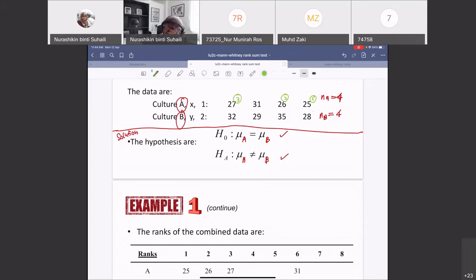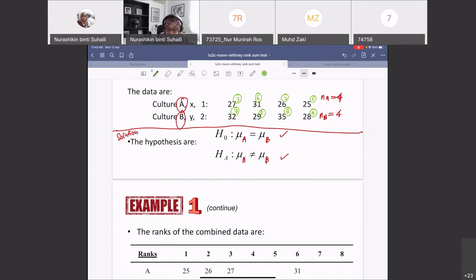Correct? 4. Correct. 5, 6, 7, and 8. So that's how you rank it. You combine both of the samples and you assign the rank. So in this case, we don't have to assign tied ranks because all the values are not similar.